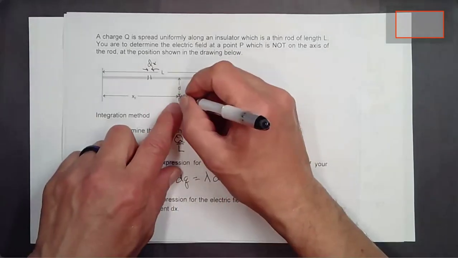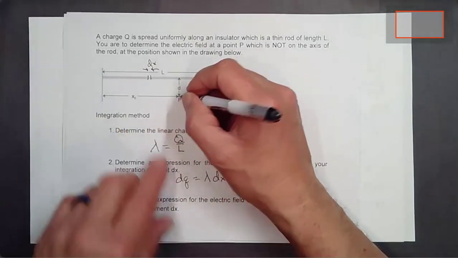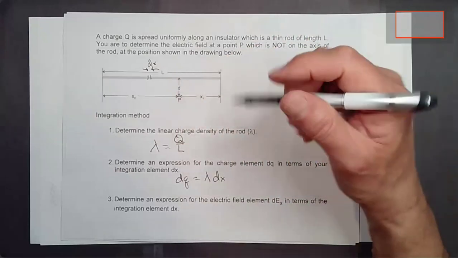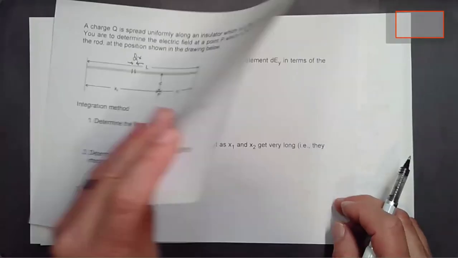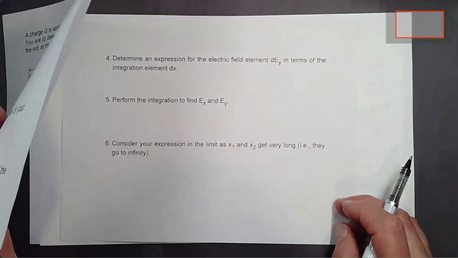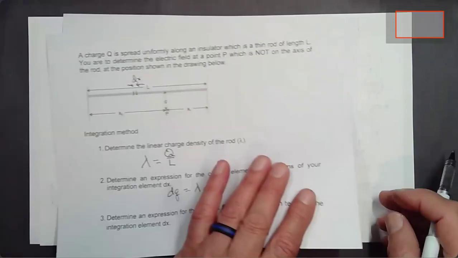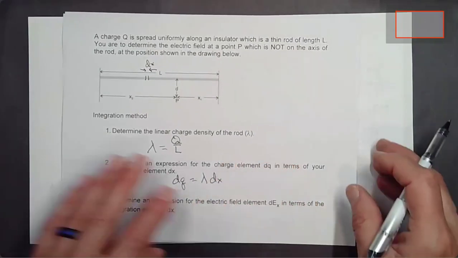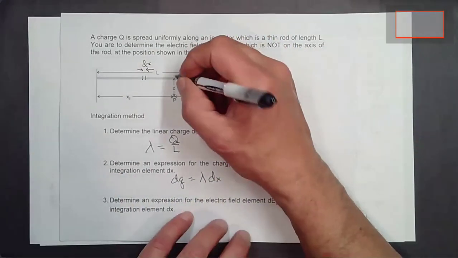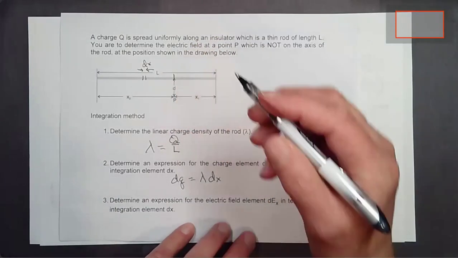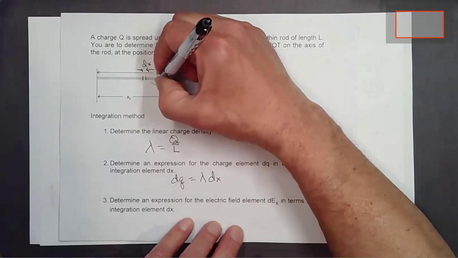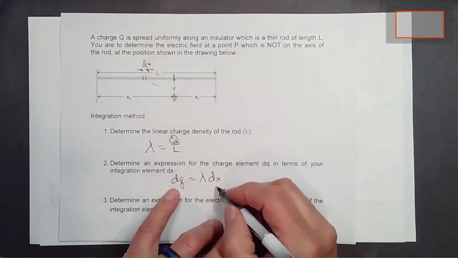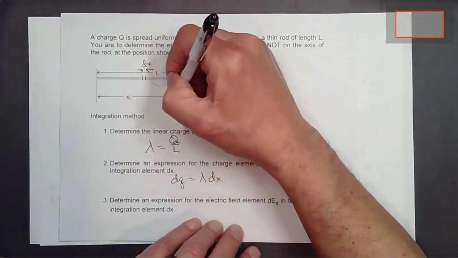Now, what about the electric field down here at point P? We'd want to know the electric field down here due to this much charge, lambda dx, that happens to be up here.